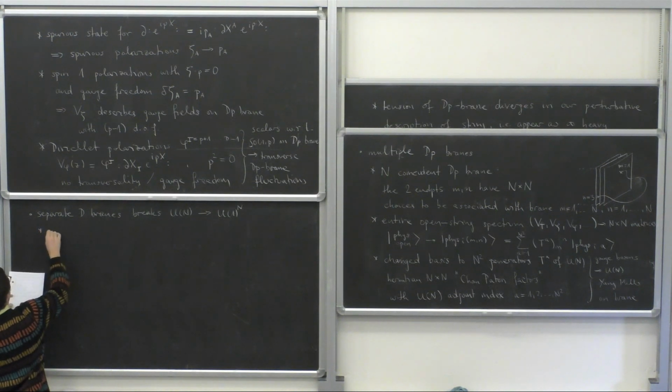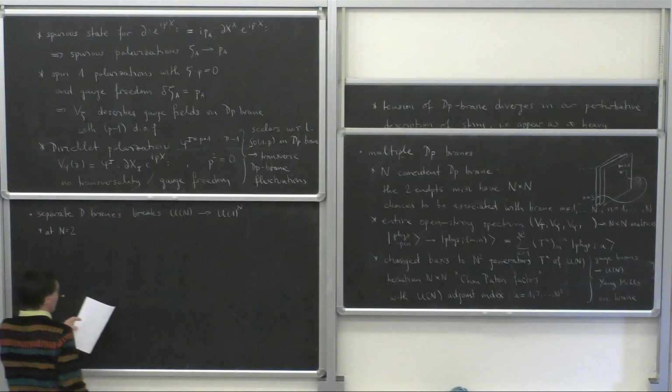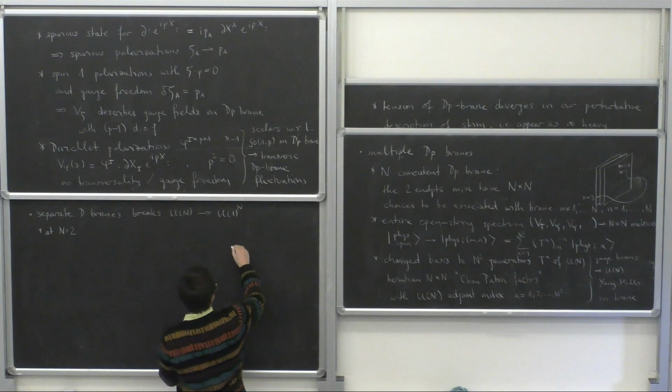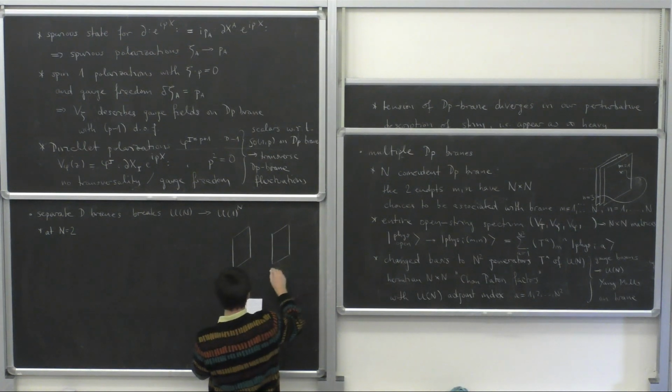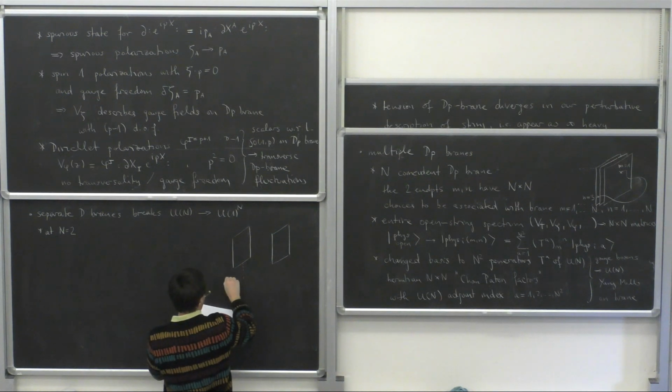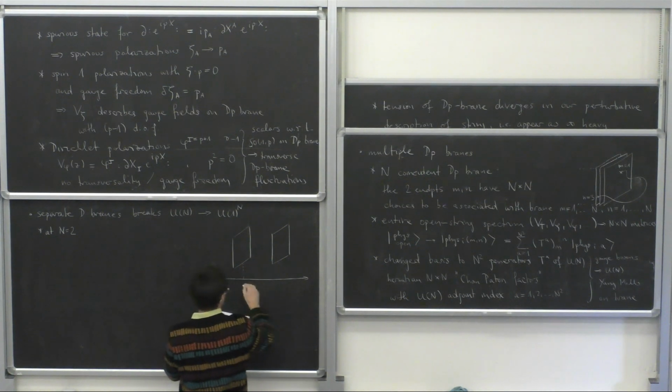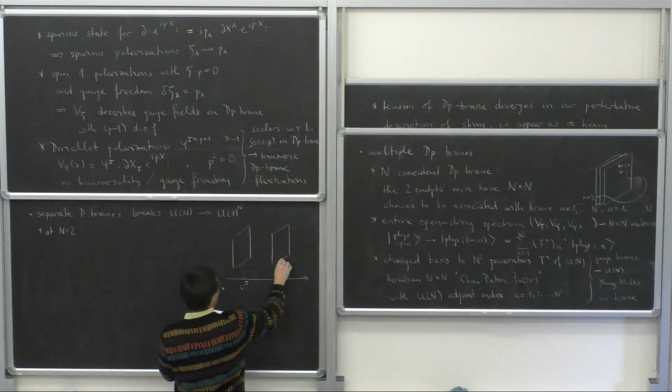And now, to illustrate what I meant before by Higgs effect, let's look at the n equal 2 case in all detail. Let's suppose we initially had two coinciding d-branes, and then we took the decision to move them apart. Okay, so let's say one of the d-branes is at position c_i, the other brane is at position d_i.